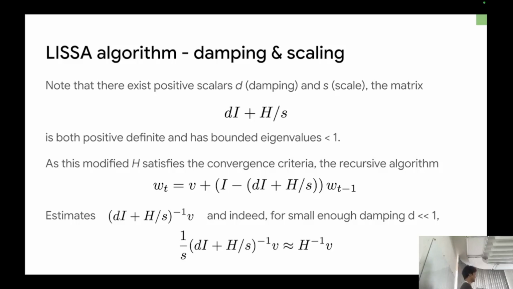But the hope is that even if they are negative, the size of the eigenvalues will still be quite small. So you can add a small bit of dampening parameter d along the diagonal to make the eigenvalues positive again, to make things all positive definite and invertible. And we don't do corrections for d eventually here because we believe d is small enough.